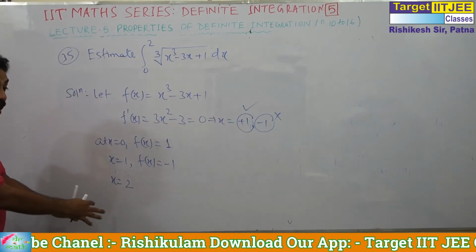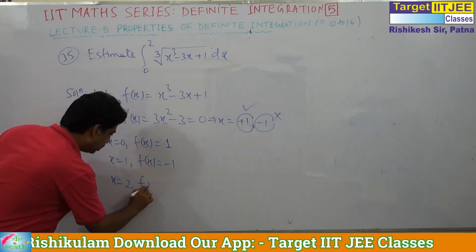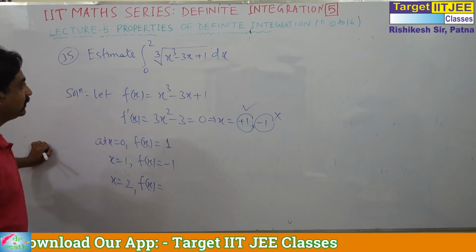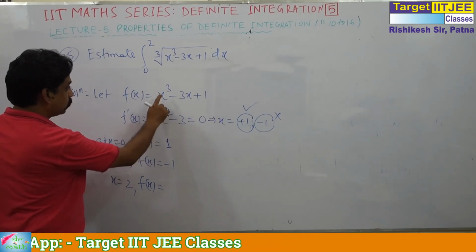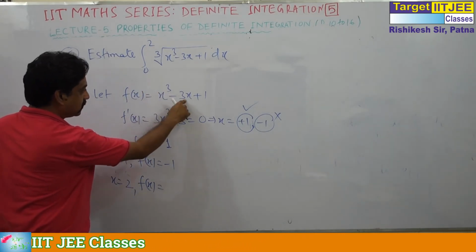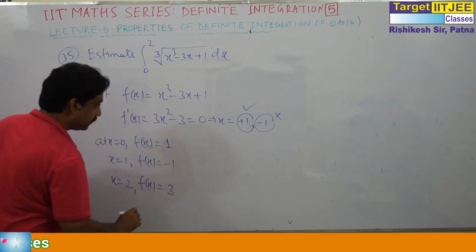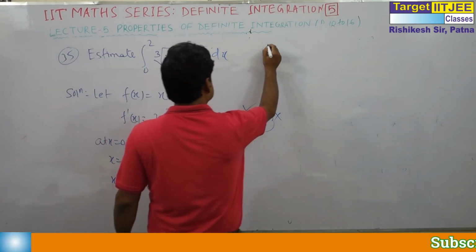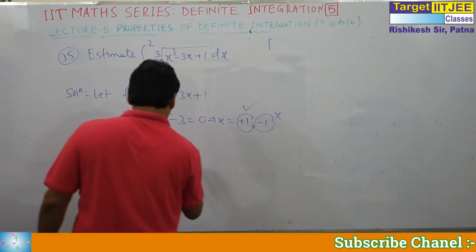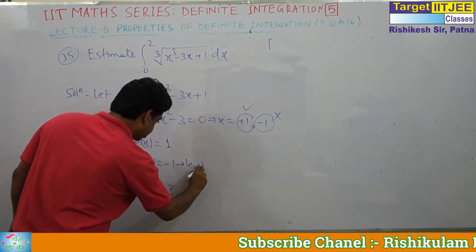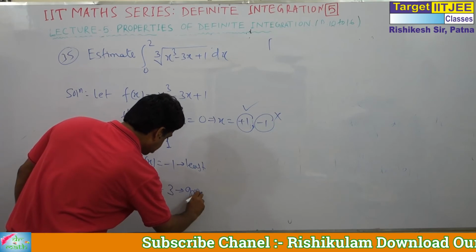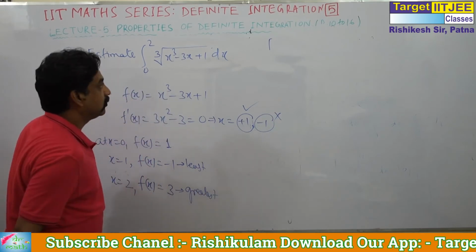I have written in order 0, 1, 2. f(2) is 8 minus 6 plus 1, which is 3. So this one, minus 1, is least, and this one, 3, is greatest.